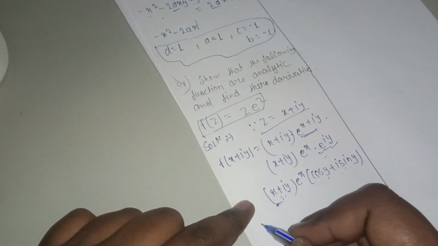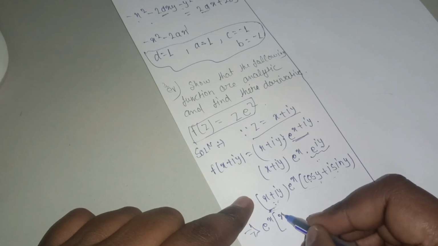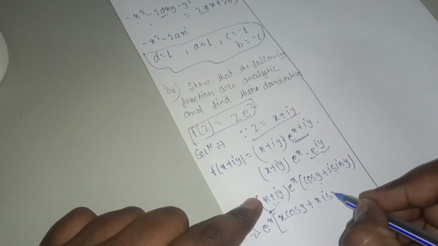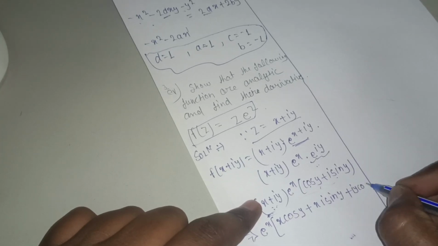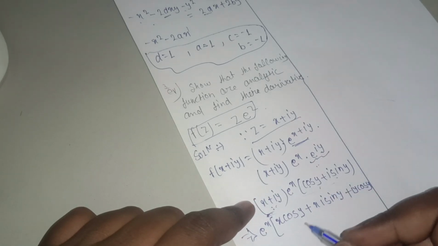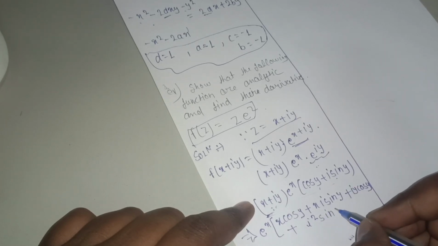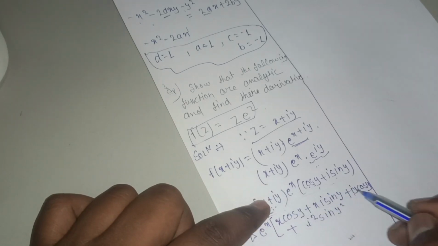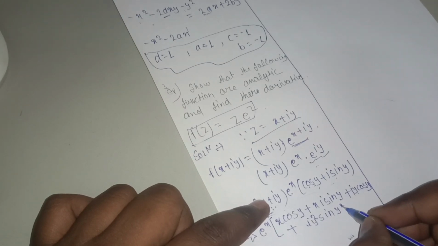So e to the power x will be as this: x into cos y plus x iota sin y, plus iota y cos y, plus iota square y sin y.